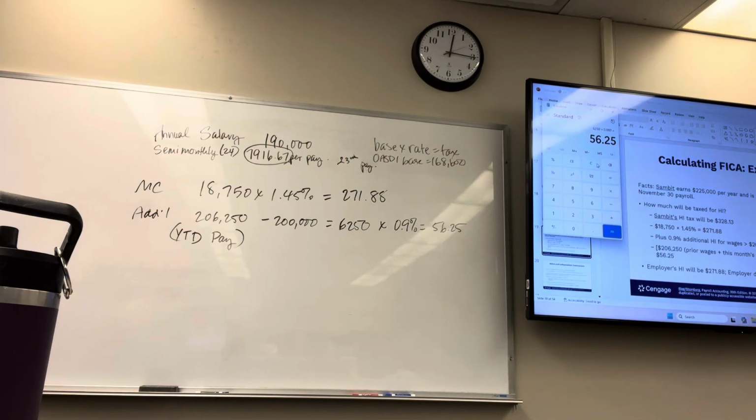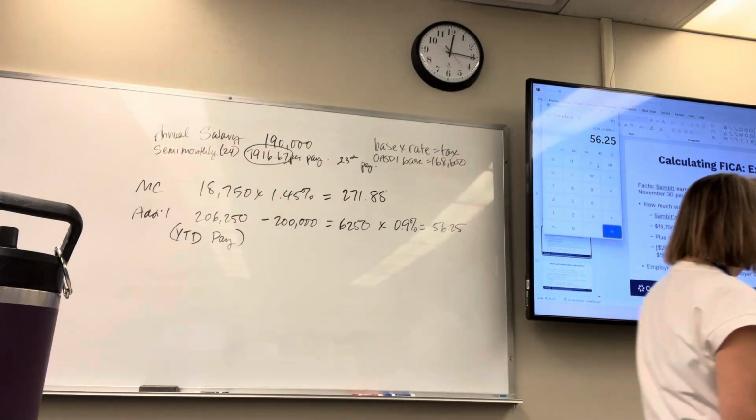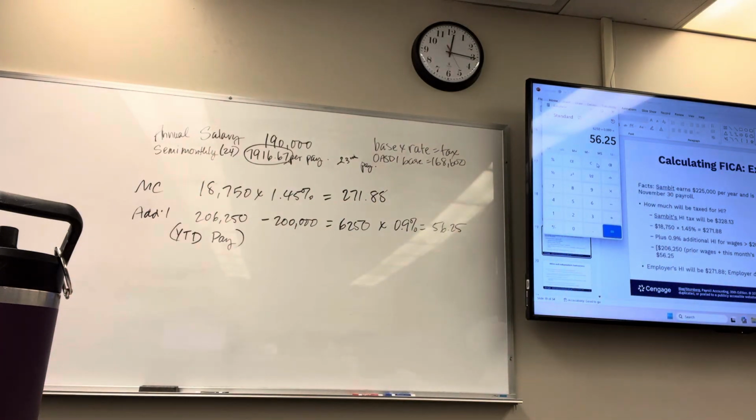That's good because that's a great segue for me. That takes me right into the next topic, which is what happens when somebody has wages and they have self-employment income and combined they're over the limit. So remember that wage base applies to all earned income.